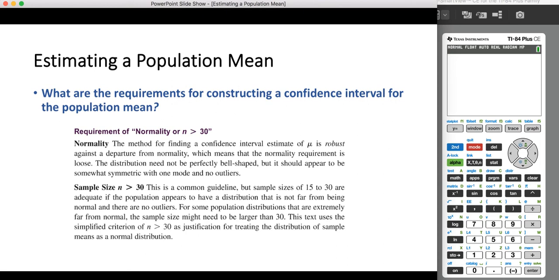So if we have a sample size smaller than 30, but the shape is that general bell shape, then we can construct a confidence interval. Or if our sample size is greater than 30, then we can construct a confidence interval for the population mean. Those are the requirements: normal distribution or a sample size greater than 30.